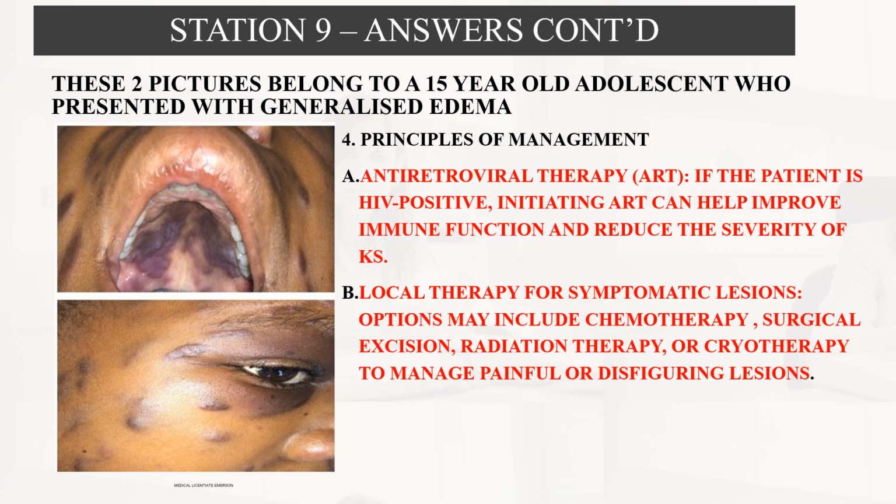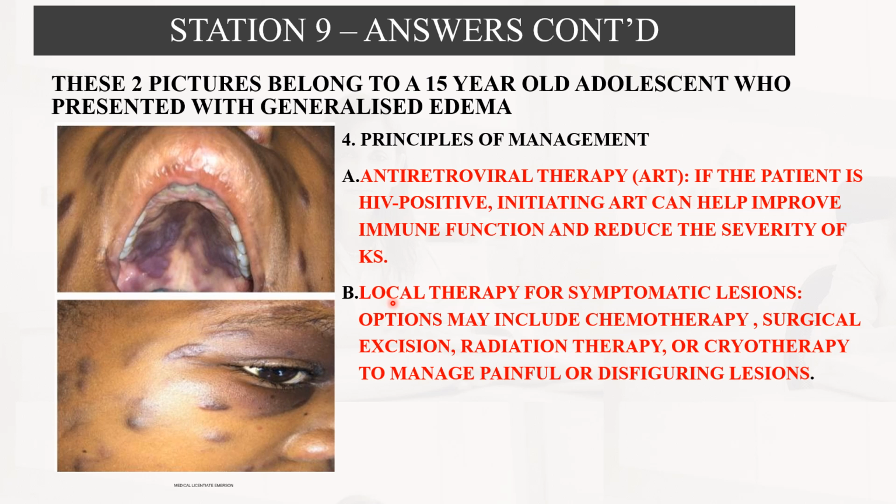Okay, so this is our last question, which is saying principles of management. What are the principles of management? Okay, so if the patient is HIV positive, of course you have to do antiretroviral therapy. So you have to initiate ART, which can help improve immune function and reduce the severity of the Kaposi sarcoma. That's if the patient is HIV positive, of course.